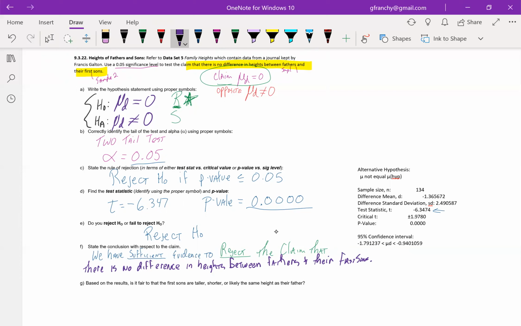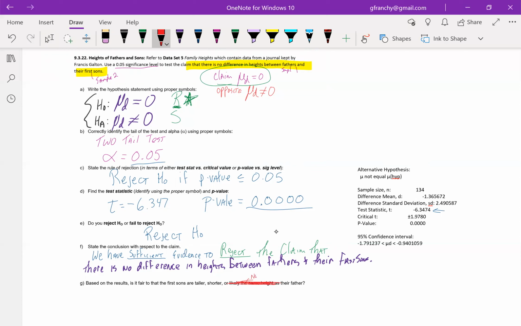So, based on the results, is it fair to say that the first sons are taller, shorter, or likely the same height as the father? Now, when we rejected the null hypothesis, which was that there's no difference, we rejected the idea that they're likely the same height of the father.